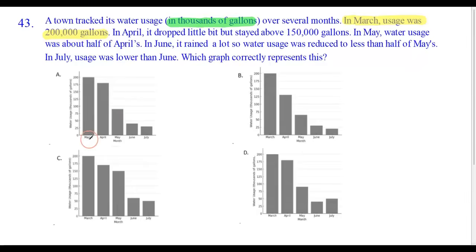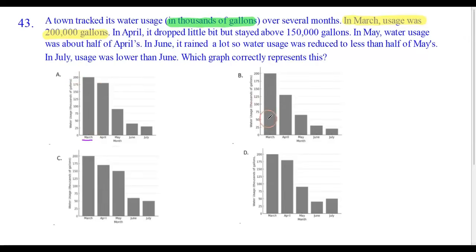So let's look at graph A. Here's March right here. It measured at 200, and remember, this really means 200,000. It says here it's measured in thousands of gallons. It also says that here. So this 200 represents 200,000 gallons. So I can't eliminate A because the water usage was 200,000.